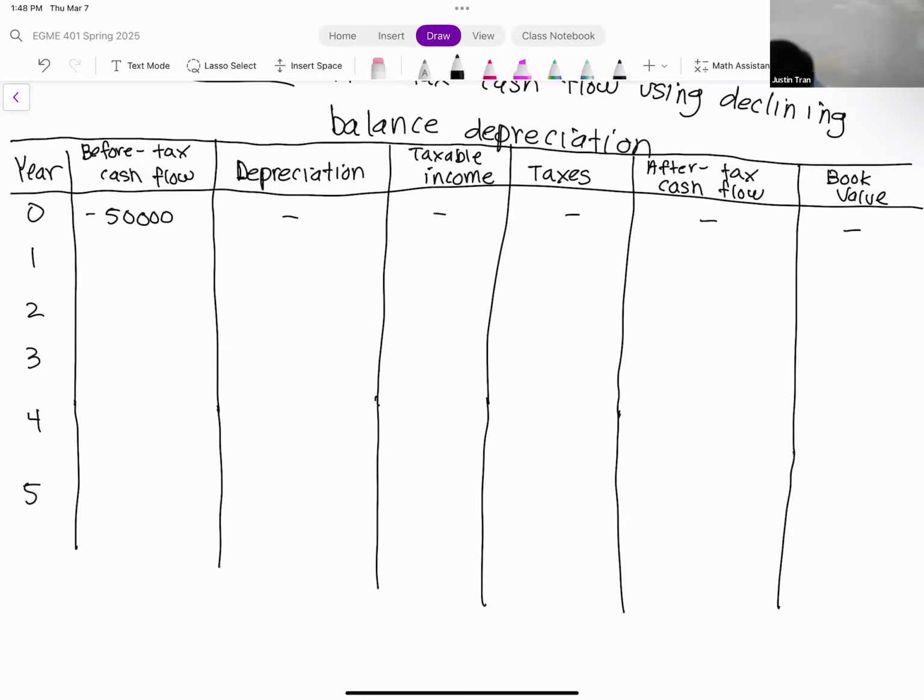Second row, we're going to start out having a before tax cash flow of 20,000. Next, we have a depreciation.